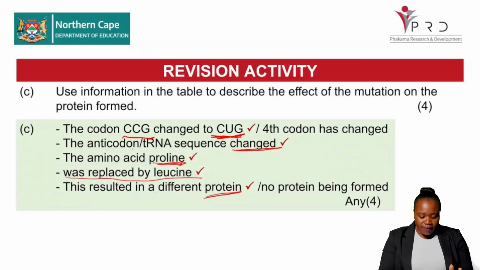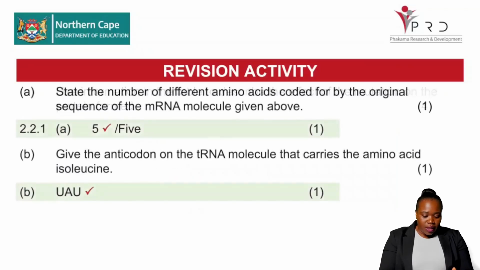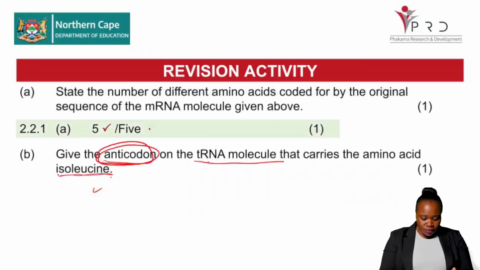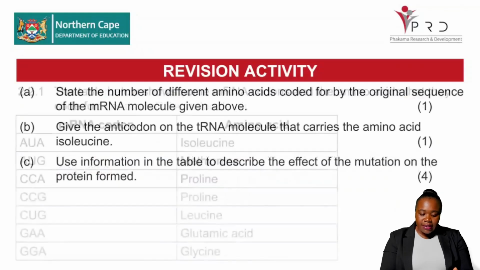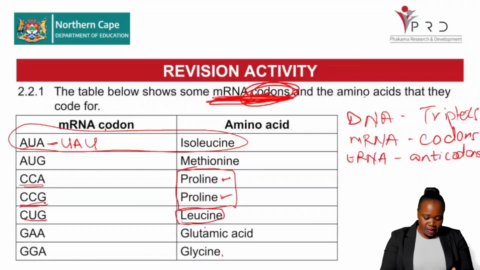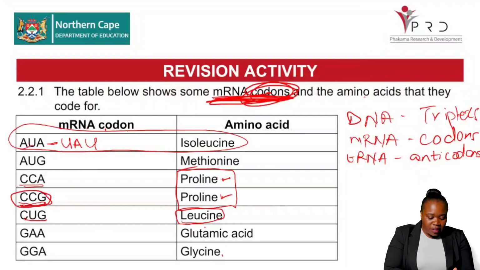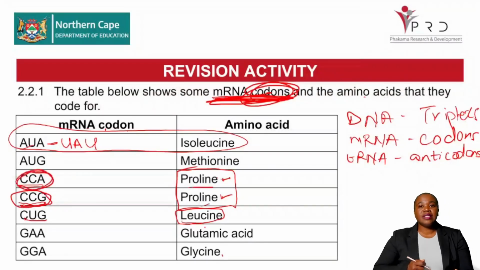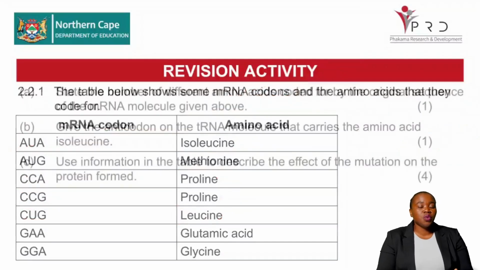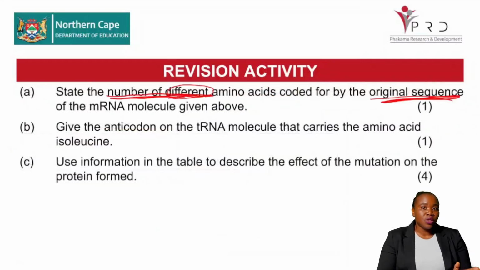However, let's say, for example, that CCG was replaced by something that will give us the same amino acid. If the CCG was replaced by CCA, the amino acid formed will still be the same, therefore the protein formed will still be the same. And that is what you would have said.